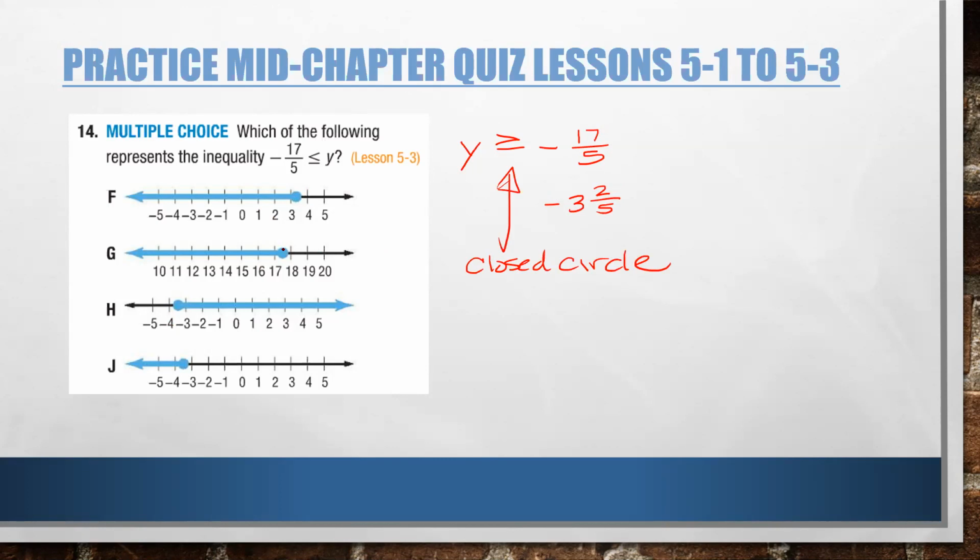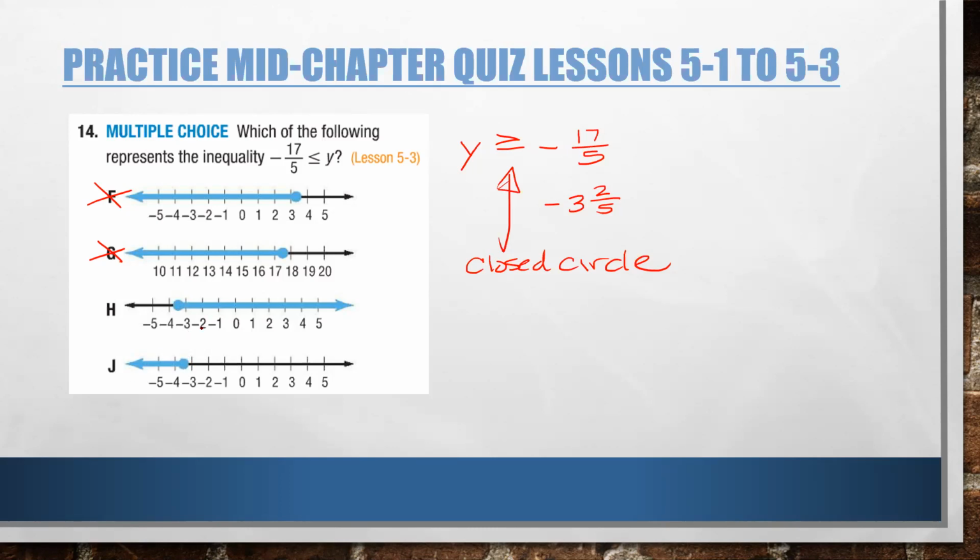So here, it's trying to trick you with this 17 over here, so it's not going to be 17. This is at 3 2/5, but this is positive 3 2/5, so it's trying to trick you there. So here is -3 2/5, so that's good. And here is also -3 2/5.